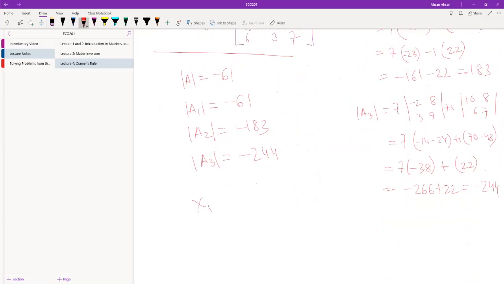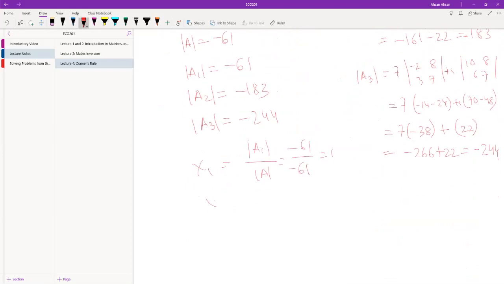So the value of x1 is A1 divided by A, which is minus 61 divided by minus 61. So 1. x2 is A2 divided by A, which gives us minus 183 divided by minus 61.